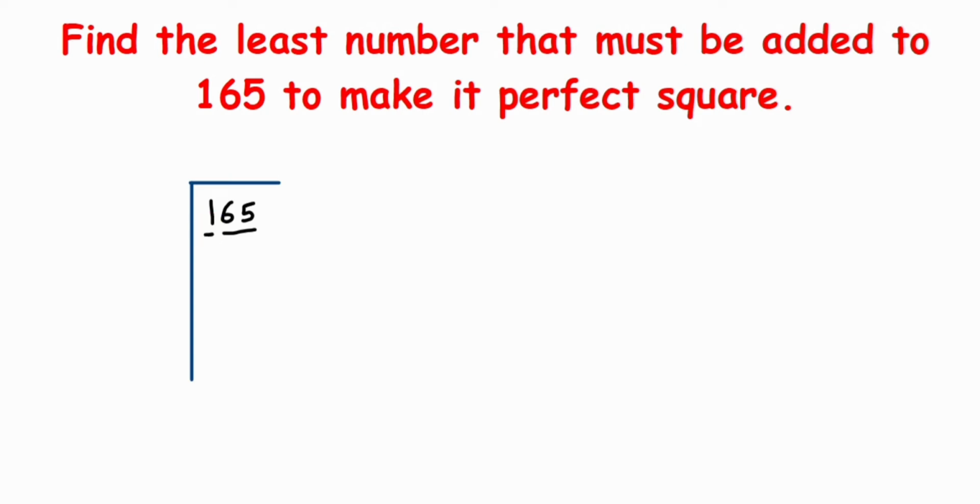We know that 1 square is 1, 2 square is 4, and so on. But I want a number less than or equal to 1, and that is only 1 square. I cannot go by 4 because it is greater. So 1 square is 1, so I'll write down here 1 ones are 1. Now subtract it, I got 0 as a remainder.